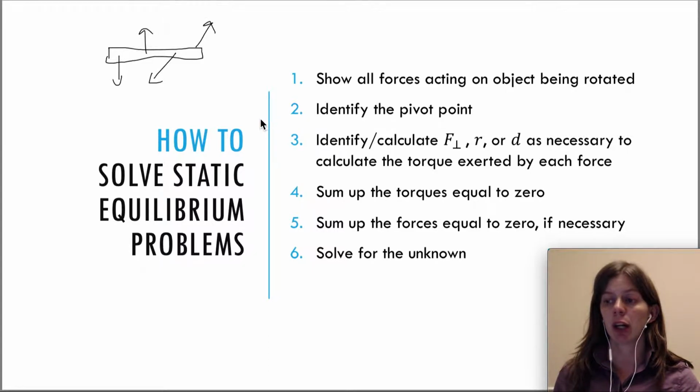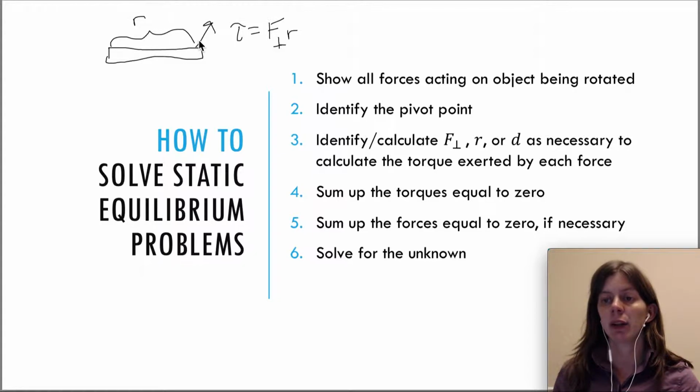So we already have talked about that as well, but just to recap, I mentioned that if your object is horizontal, then you're most likely going to be using the definition of torque equals F perpendicular R, because if it's like this, then usually, for example, for this force that I have up here, you would know this distance here, R, and then you could find this perpendicular component, F perpendicular, which is the component perpendicular to the object being rotated. So you want to go ahead and identify the forces that you need and the distances that you need.